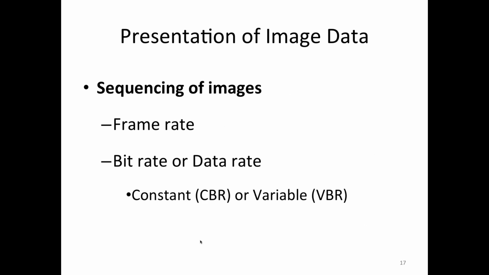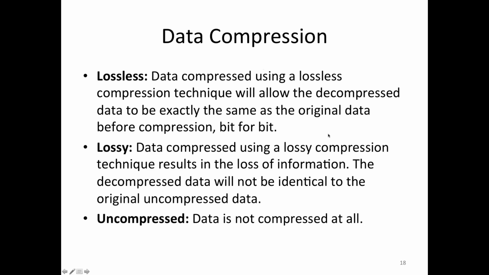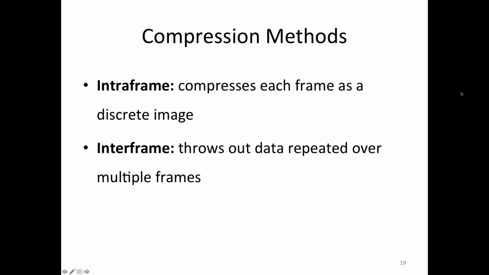Sticking with this idea of transmitting or moving the image, the frame rate is the frequency at which video samples on the screen are displayed in order to create the illusion of motion. It's expressed in frames per second. Video does not have one internationally accepted frame rate.